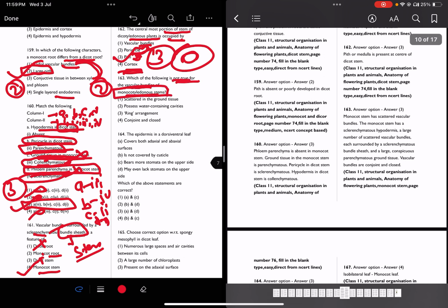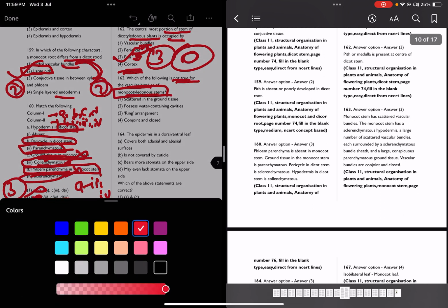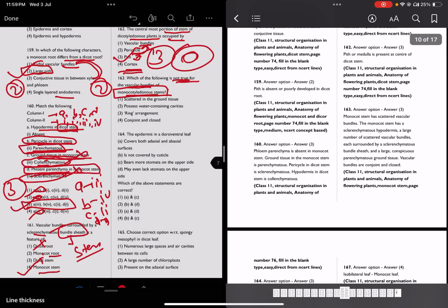Then highlight 'not true', because the question asks about what is not true. Scattered in the ground tissue is present in monocot stem. It possesses a water-containing cavity, as in grass-like monocots. Conjoint and closed: monocots have no secondary growth, so closed. This is also true. Ring arrangement is present in dicot, not monocot. So the answer is 3.